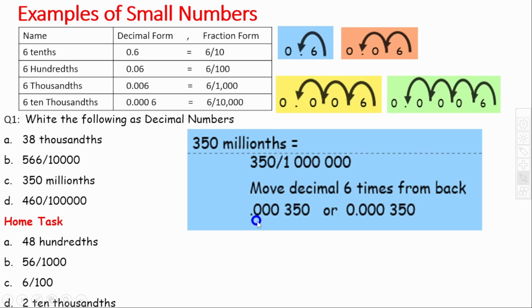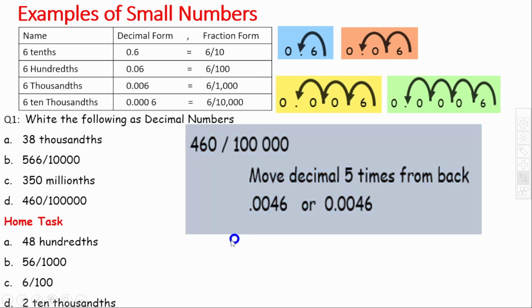That makes it 6 times. So you put some zeros there just to make sure it's complete, 6 digits. It becomes 0.000350.